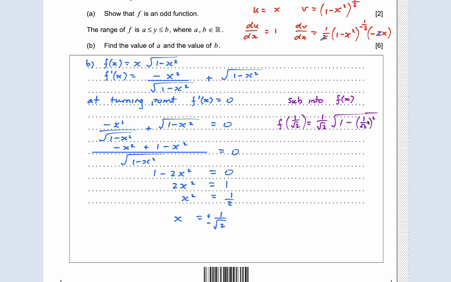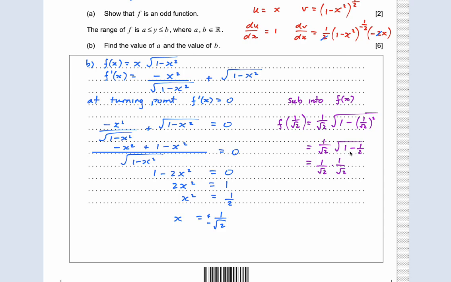Now this, guys, is actually going to be equal to 1 over root 2 times the square root of 1 minus a half, because 1 over root 2 squared is a half, just 1 over 2, so that's 1 minus a half, which is actually equal to 1 over root 2 times 1 over root 2.